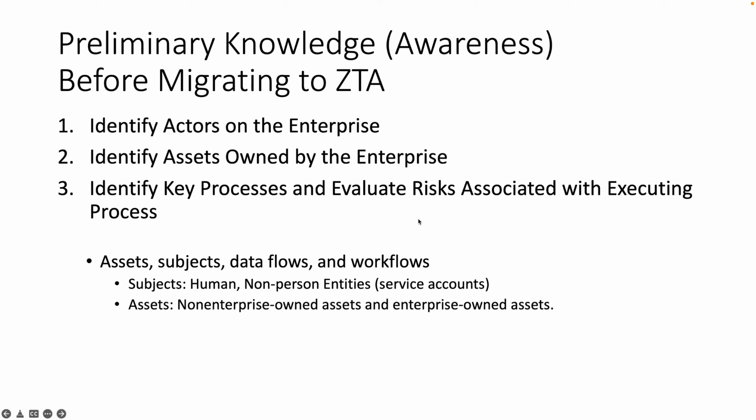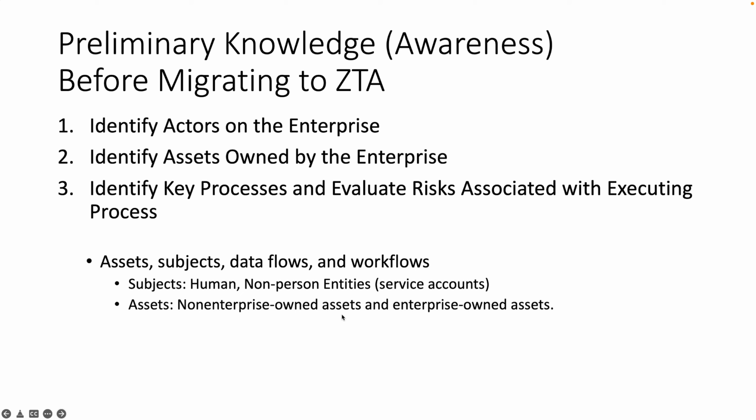There should be a survey of assets, subjects, data flows, and workflows. The subjects include humans and non-person entities, such as service accounts that interact with resources. Assets include non-enterprise owned assets and enterprise owned assets.